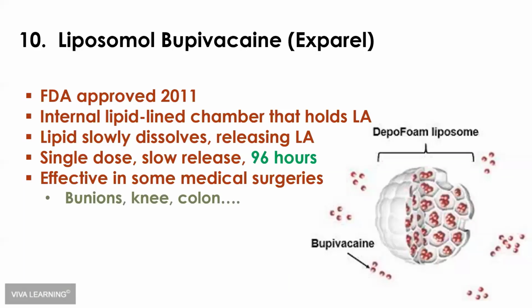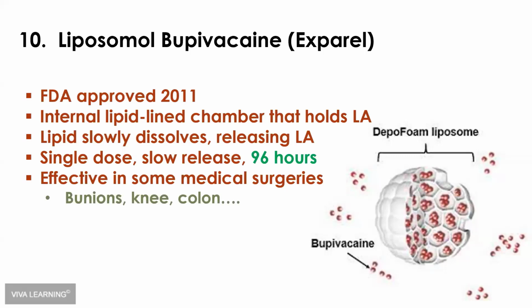So this is cool. Last new product, this is called liposomal bupivacaine. Not yet evolved for dentistry, but in medicine, this is awesome. This is basically bupivacaine, which is in a lipid chamber, and it's a slow release lipid chamber.